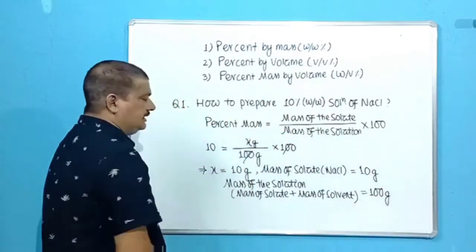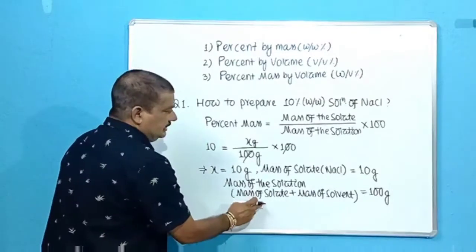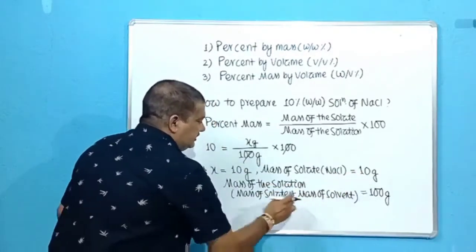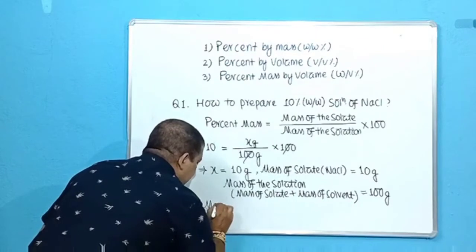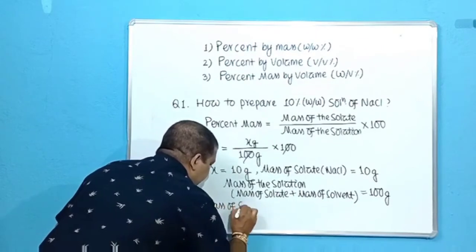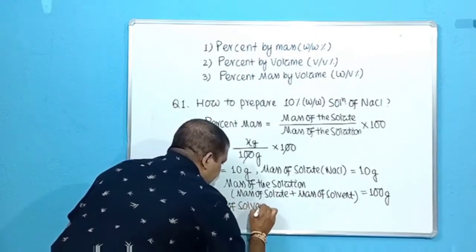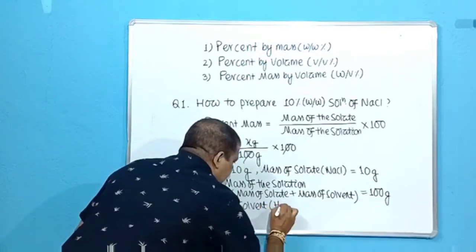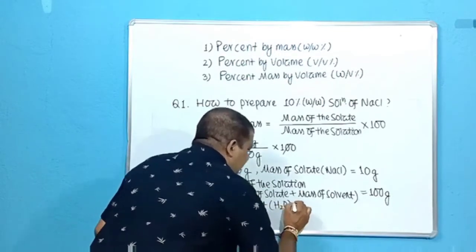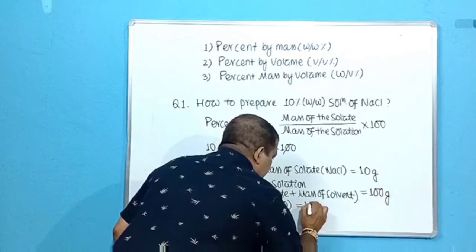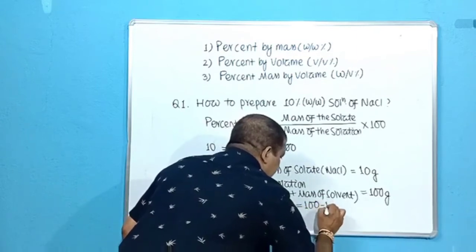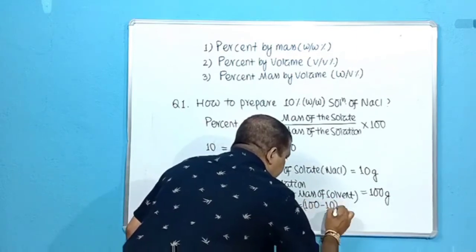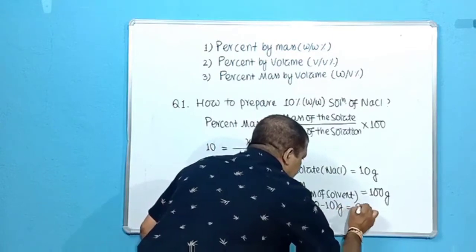You have taken it to be 100 gram. Okay. So mass of the solute we have found out is 10 gram. So what is the mass of solvent? Mass of solvent, that is water, will be 100 minus 10 gram, that is 90 gram.